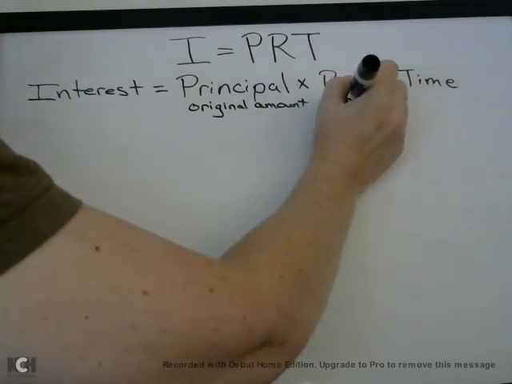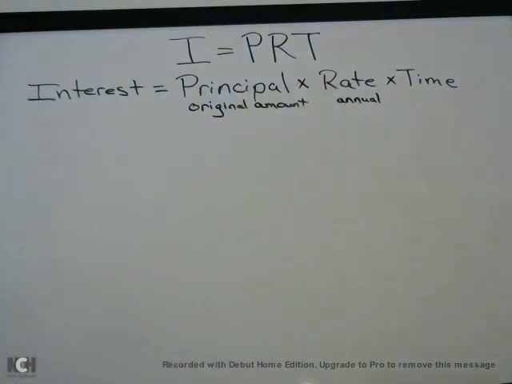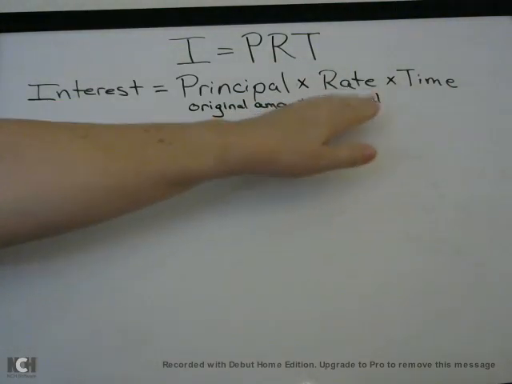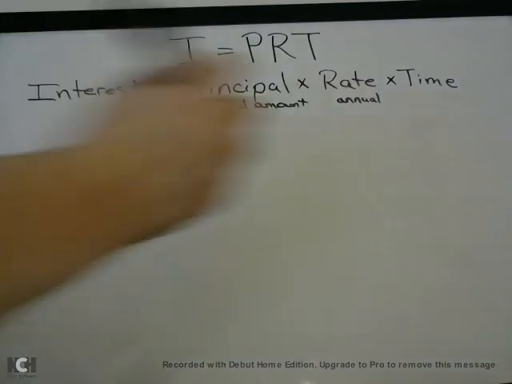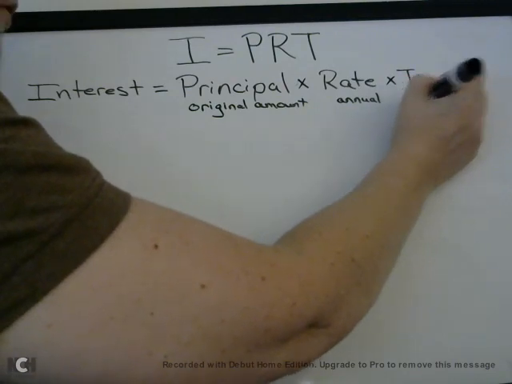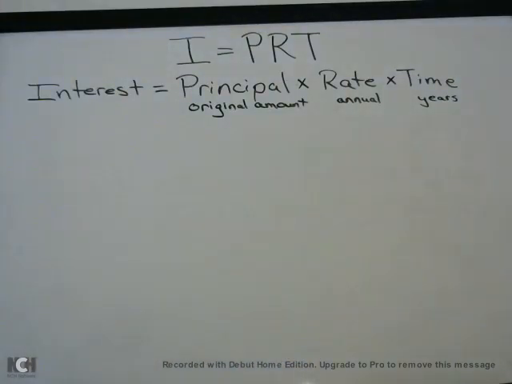And this is usually going to be written as a percentage. So the percentage part of these problems is this rate. Because it's most often written as an annual rate, time needs to be in years in order for this formula to work. And you'll see that here in a second.